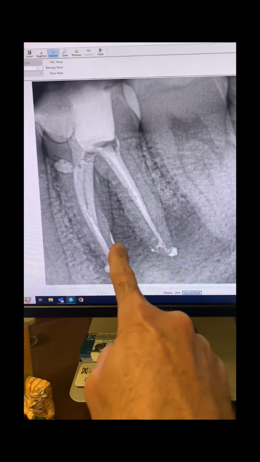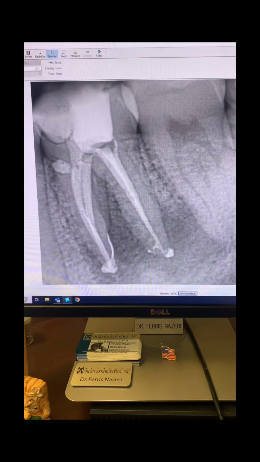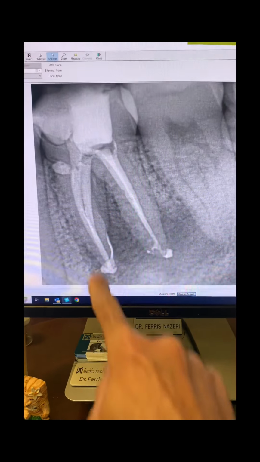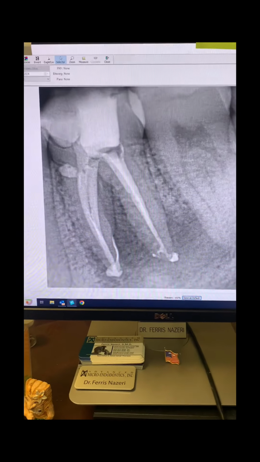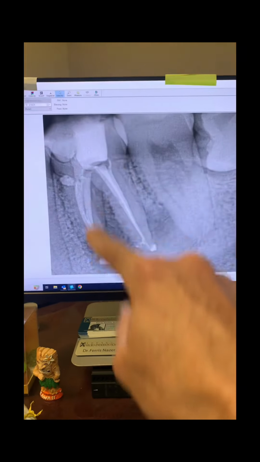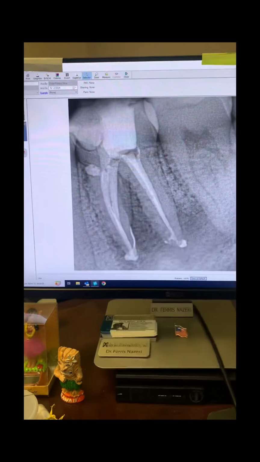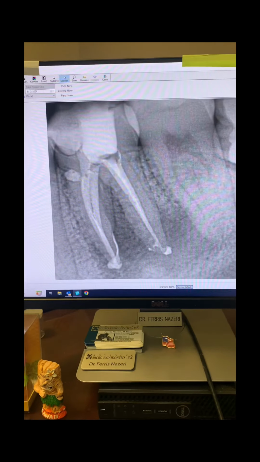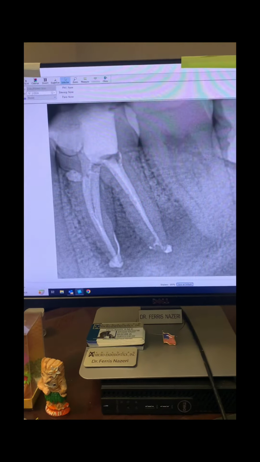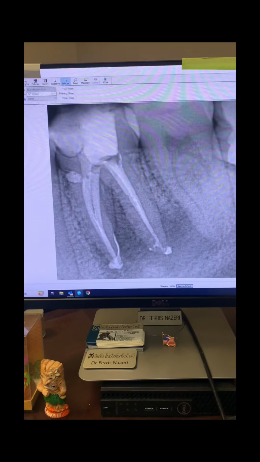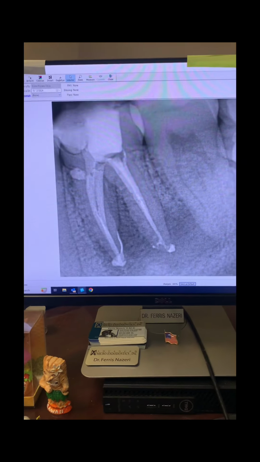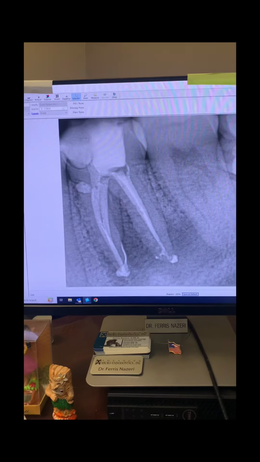That's my sealer kind of tracing the sinus tract. 25 millimeter long roots. And again, we were able to repair that perforation created by that inflammatory root resorption, all in one appointment.